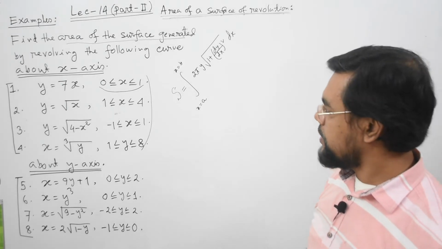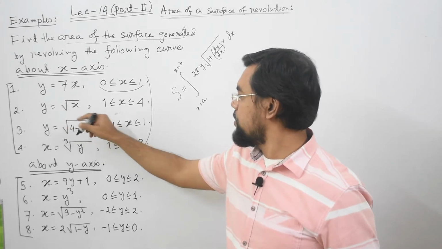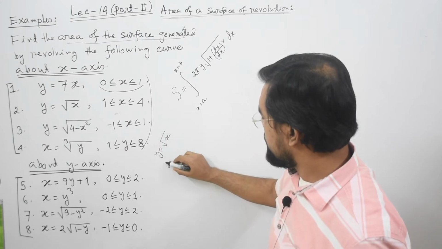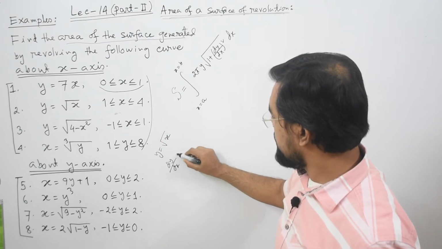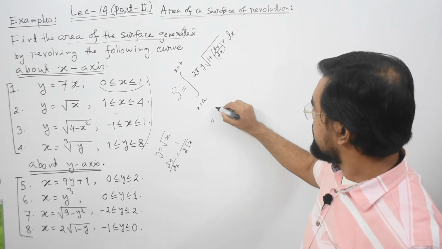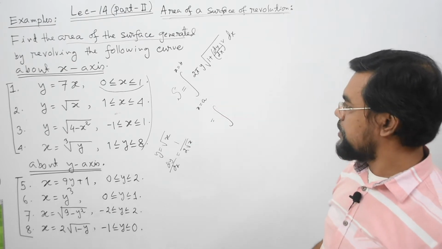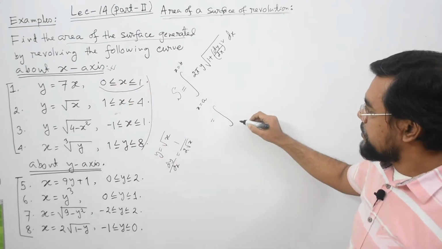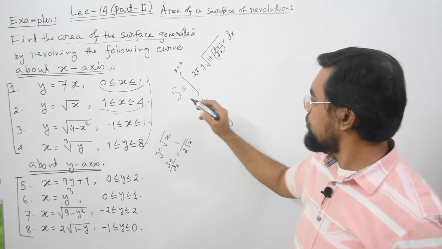Now let us try the second one. Here y equal root x. So dy/dx will be 1 by 2 root x. So the formula is the previous one, since we are revolving about x-axis. So x is from 1 to 4.